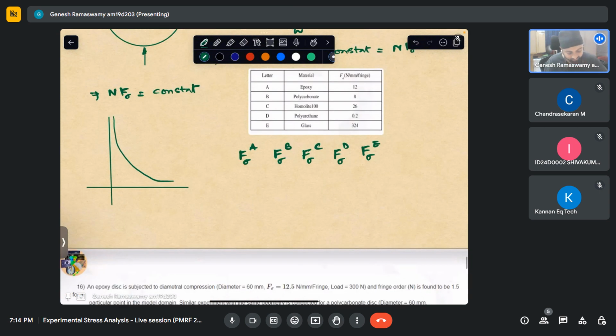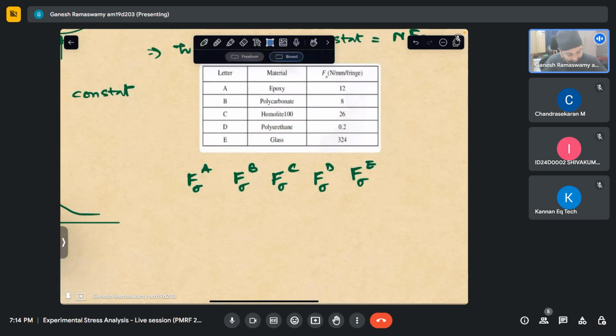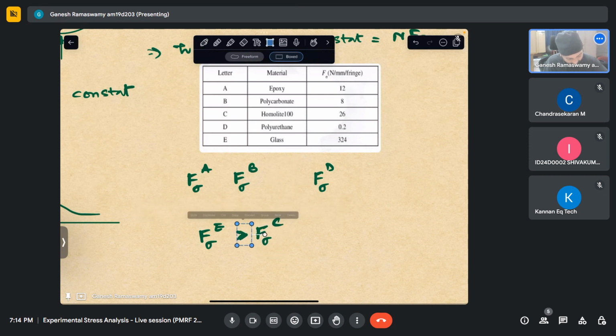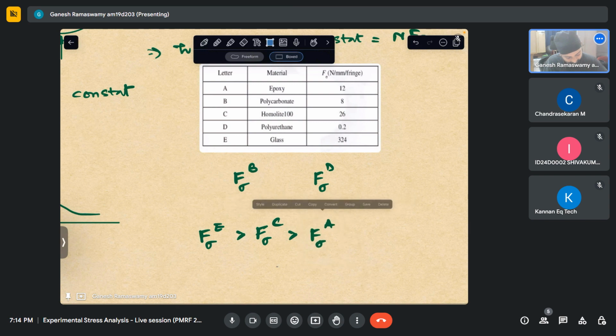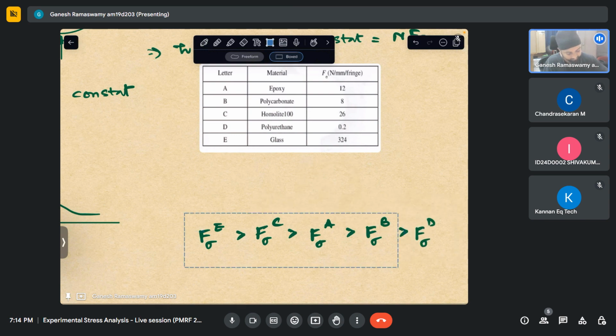I can see that E is the maximum, which is greater than, which is the next one? Honeylite, C is the next, which is followed by epoxy A, which is followed by polycarbonate B, which is followed by D. So this is the decreasing order of f sigma.